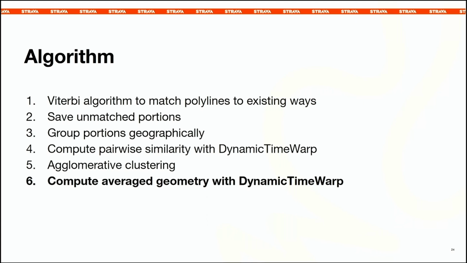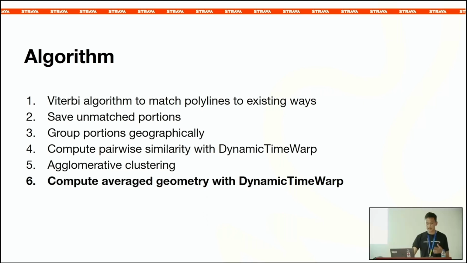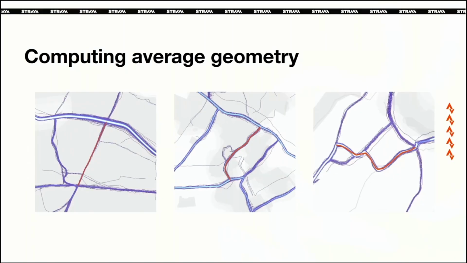Sometimes you have noisy GPS data, so you want to take the simplest one as the exemplar, and then compute the geometry from there. The output of that looks like this. The orange line represents the averaged out geometry of the heat represented underneath it.